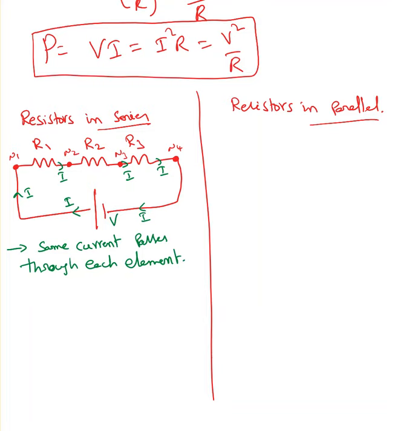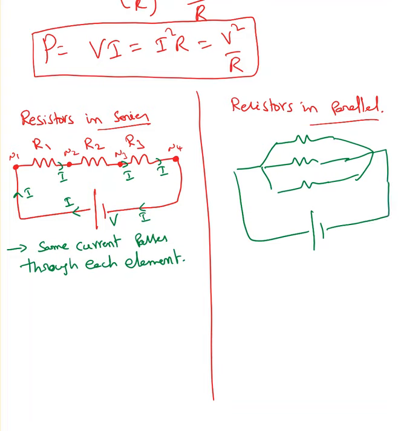Now, when you say resistors are in parallel, all the resistors must exist between the same nodes. How many nodes are there in this circuit? I can clearly see only 2 nodes: node 1 and node 2.